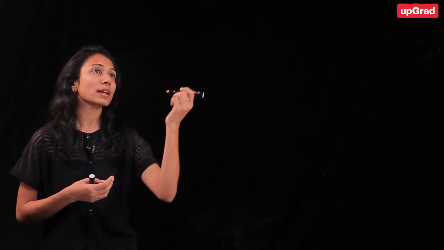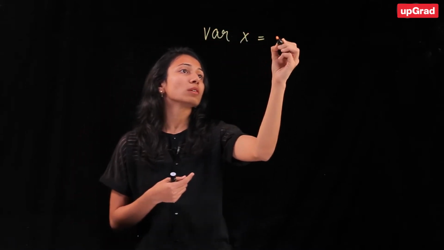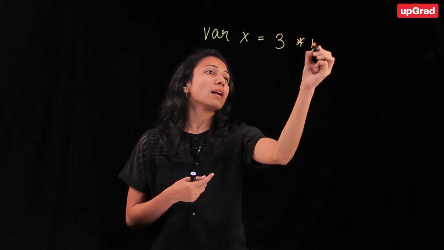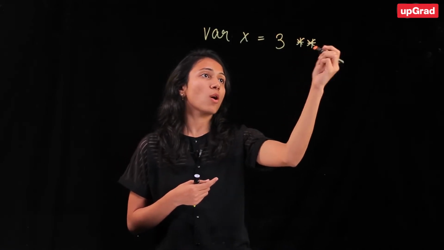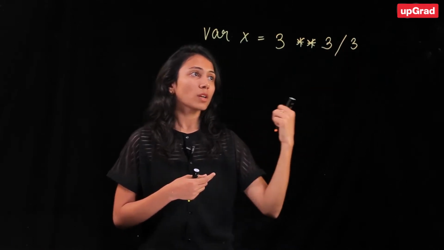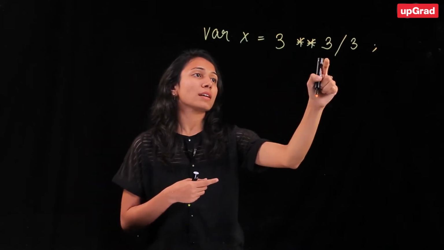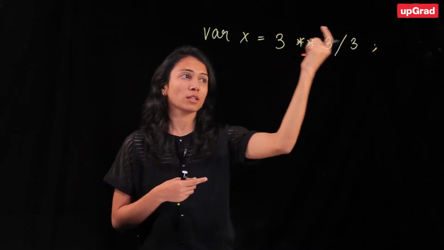Okay, let's look at an example. I say var x is equal to, let's say, 3, and as you know this is an exponentiation operator in JavaScript, divided by 3. You might be wondering whether this gets executed first or that gets executed first.